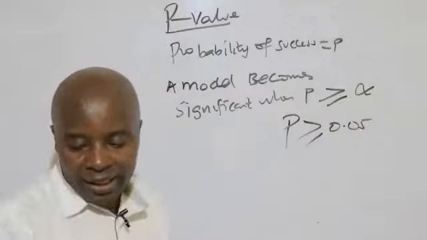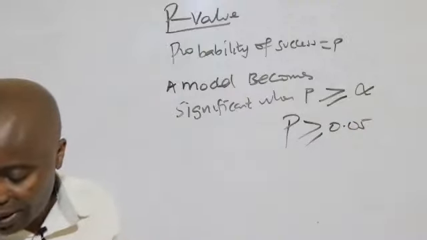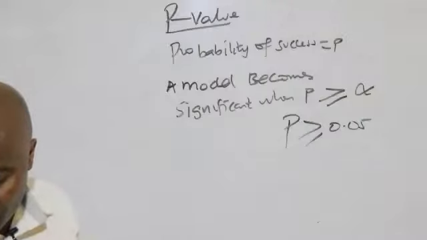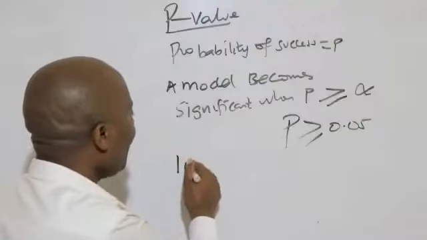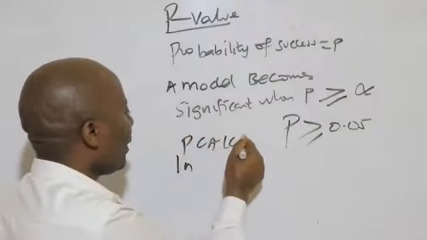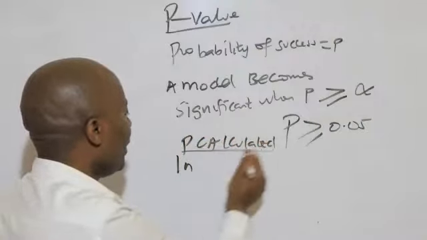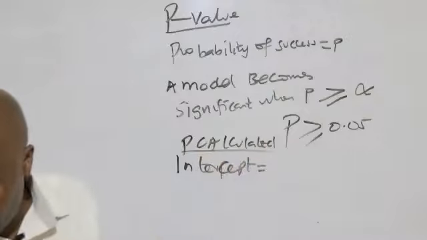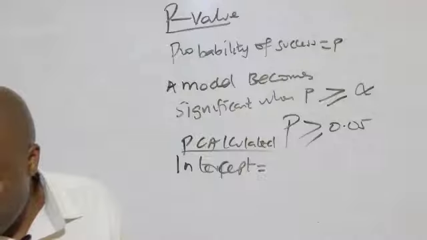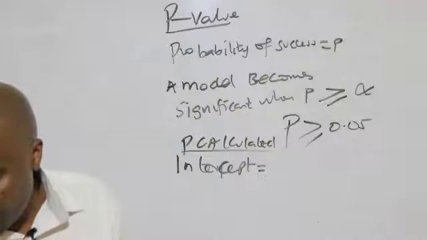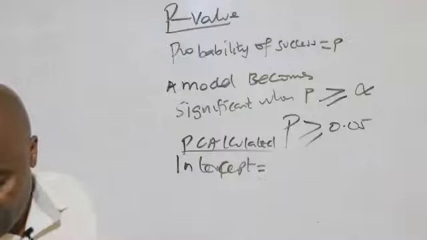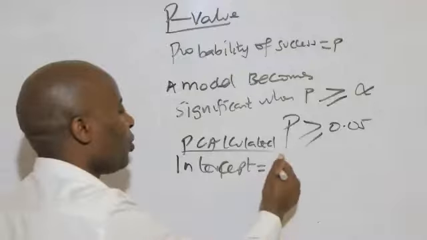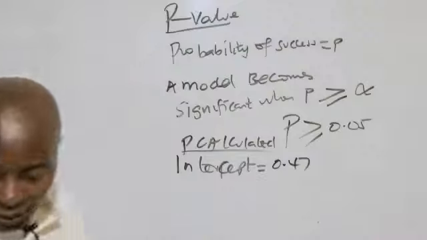Just that. And you can see the P values given, ladies and gentlemen. You can see the P calculated given here, like the intercept. What do we have here for the intercept? I can see straight away the P value is 0.47. Ladies and gentlemen, we go to the next one.